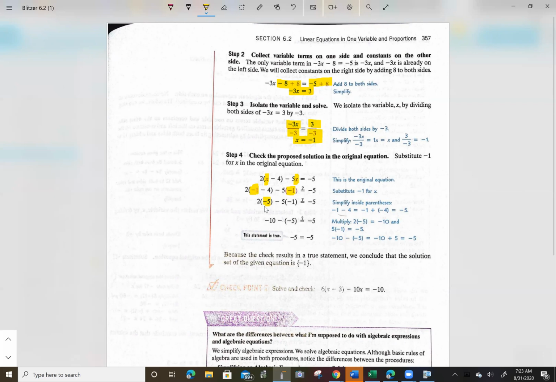And then 2 times negative 5 is negative 10, and minus a negative 5. Negative 10 minus a negative 5, this is tricky right here, you guys, is the same as negative 10 plus 5, which gives you negative 5 is equal to negative 5. Boom, goes the dynamite. We got that one completed.